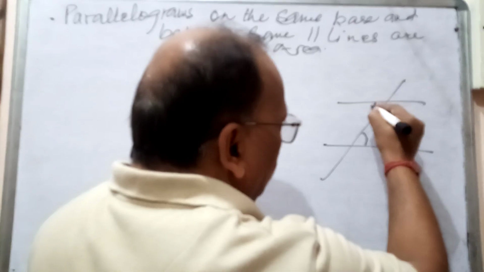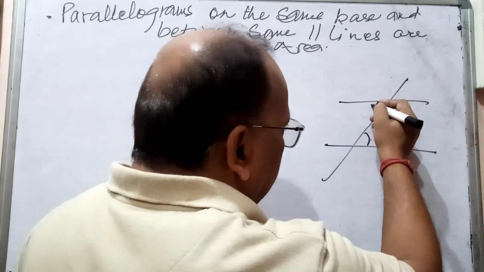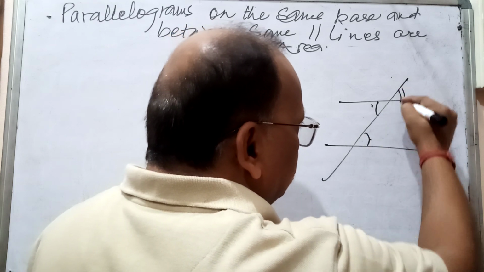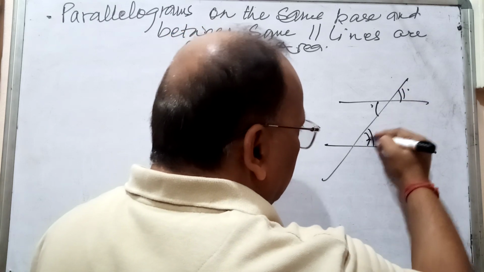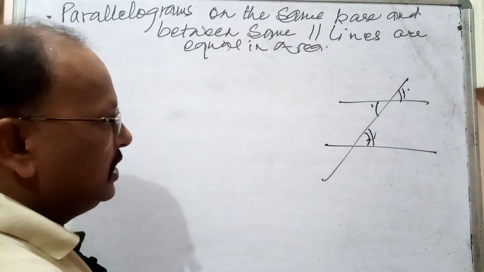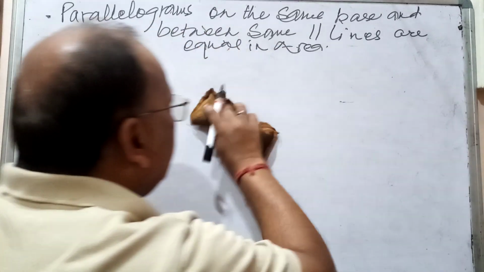For alternate, both should be interior and on opposite sides of the transversal. Alternate angles are equal and corresponding angles are also equal. Here we will be using corresponding angles, if two lines are parallel and intersected by a third line. So let's start.